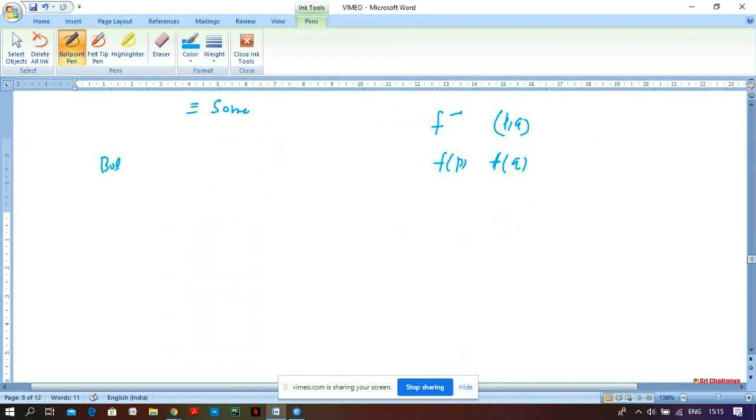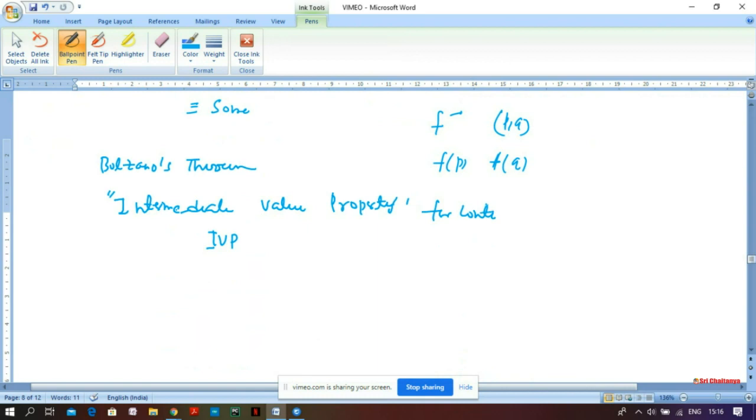Now there is a theorem called Bolzano's theorem, after its discoverer, or it is called the intermediate value property, or in short IVP, for continuous functions.